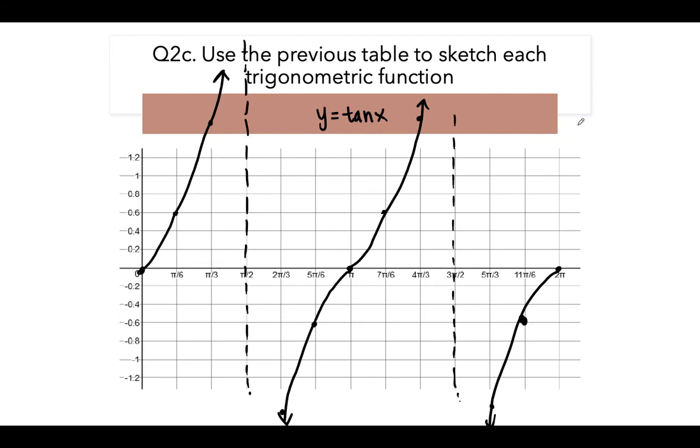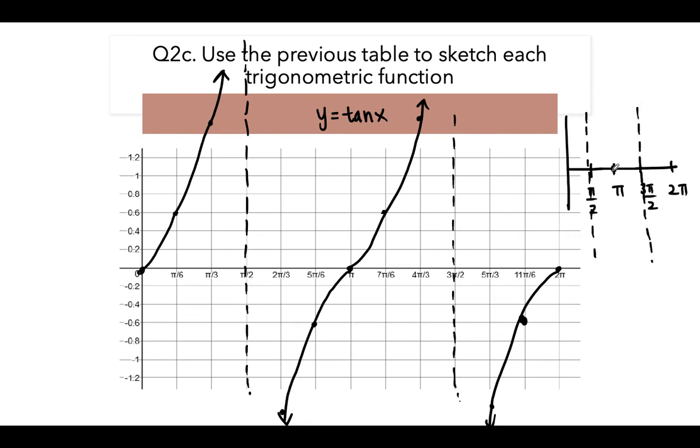So for tangent, it's a little bit different. So you could definitely divide it into 4 sections again. So 2 pi, pi, pi over 2, and 3 pi over 2. So for tangent, we have an asymptote at pi over 2 and 3 pi over 2.